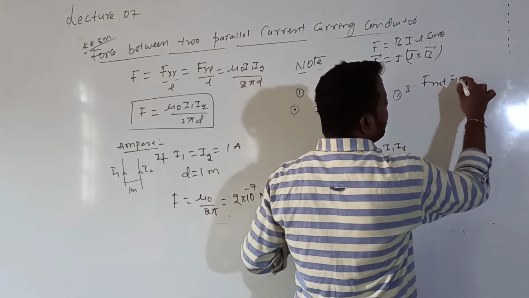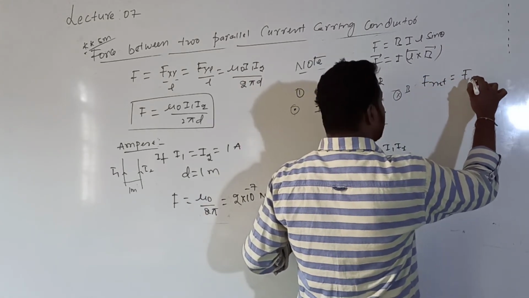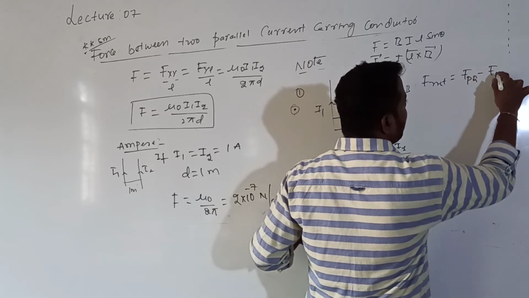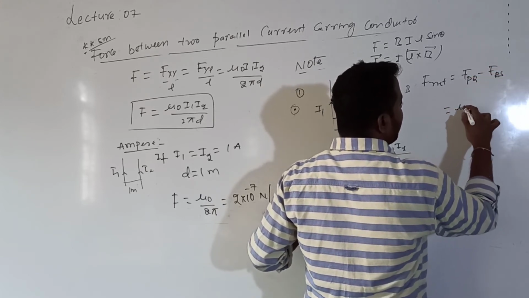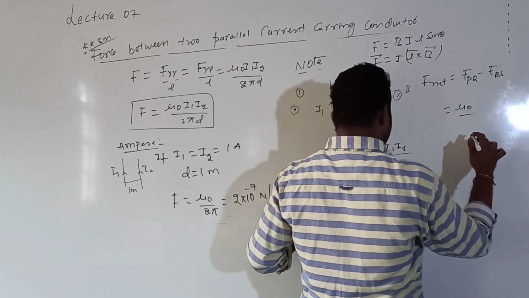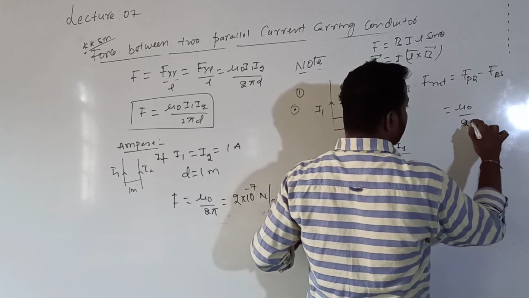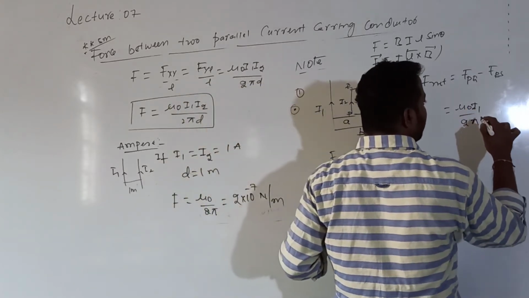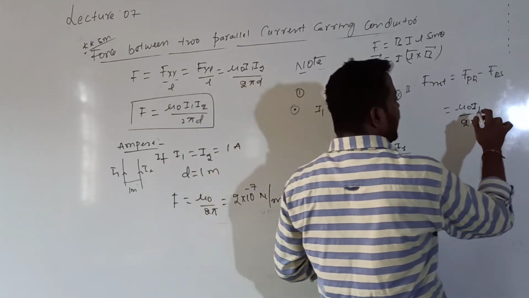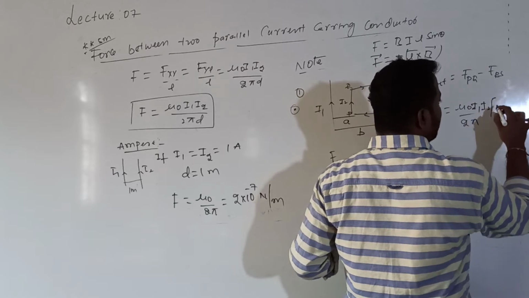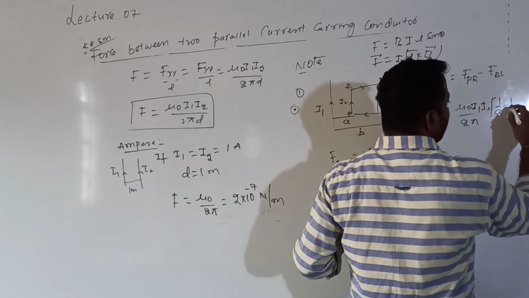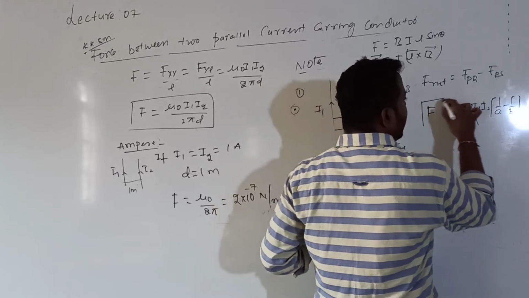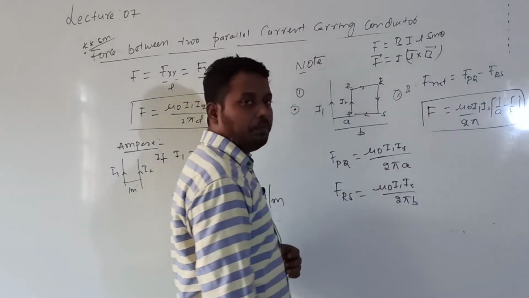So what is the net force acting? F net will be equal to, which value was greater? FPQ was greater, so FPQ minus FRS, which is mu naught I1 I2 divided by 2 pi, if I take common, into 1 by A minus 1 by B. This is the expression for the net force acting on the current loop.